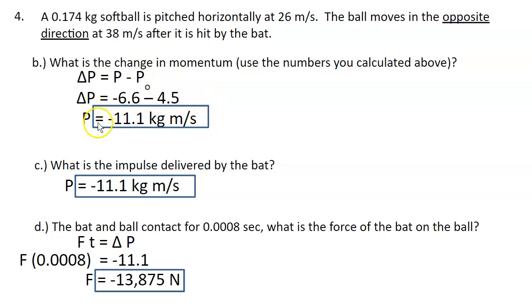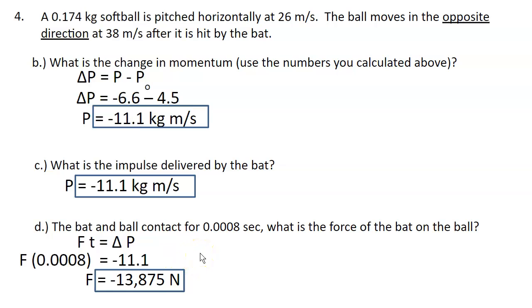So the change in momentum is negative 11.1 kilograms meters per second. What is the impulse delivered to the bat? Well, here's where you have to remember your vocabulary. Another name for impulse is change in momentum. So the impulse is simply the same as change in momentum, which you calculated above. So it's essentially asking you the same question twice.